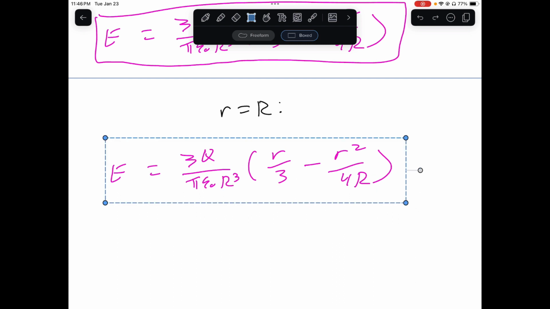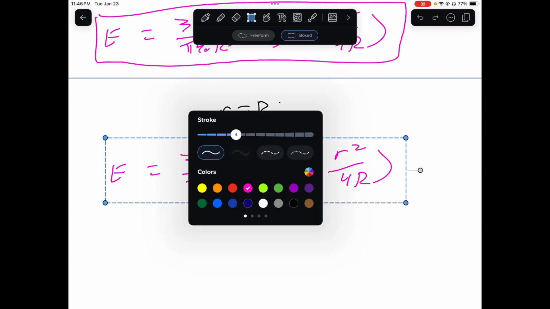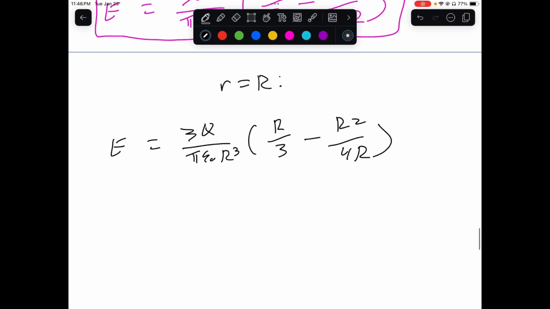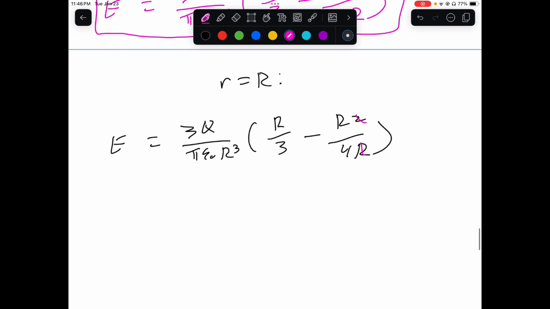Let's make this black just so we're doing this to compare an answer. So when this is a big R and this is a big R, what does it simplify down into? Let's find out. We can get rid of that, so then I've got R over 3 minus R over 4.